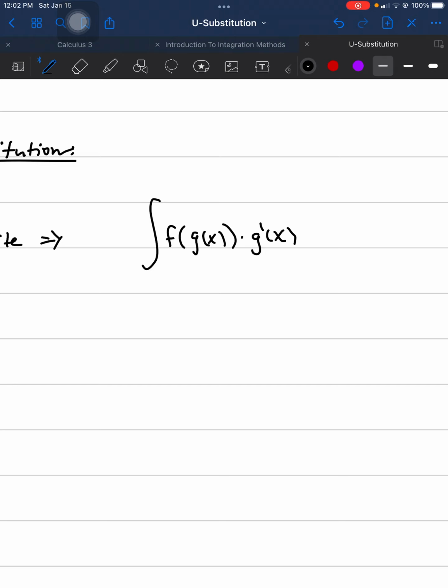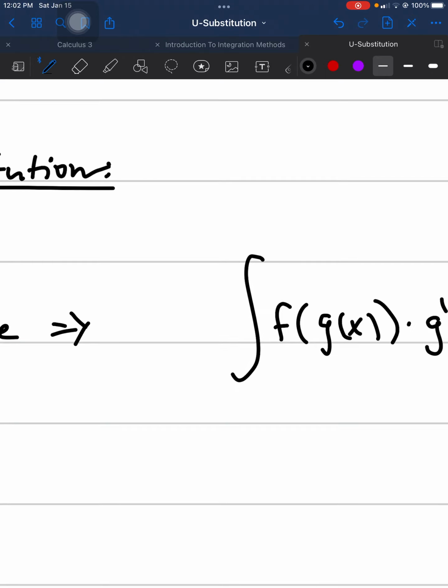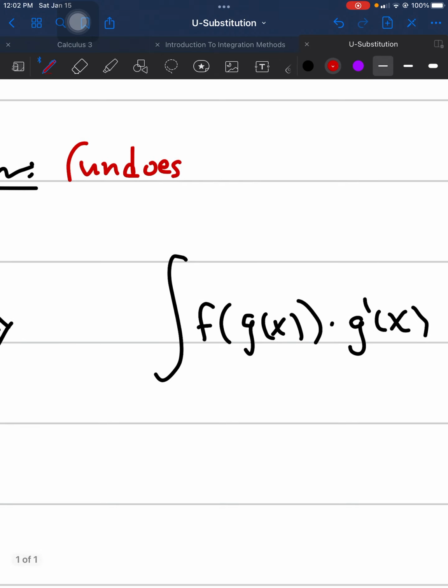U-substitution actually takes into account the chain rule, right? It undoes the chain rule, so let's write that here.